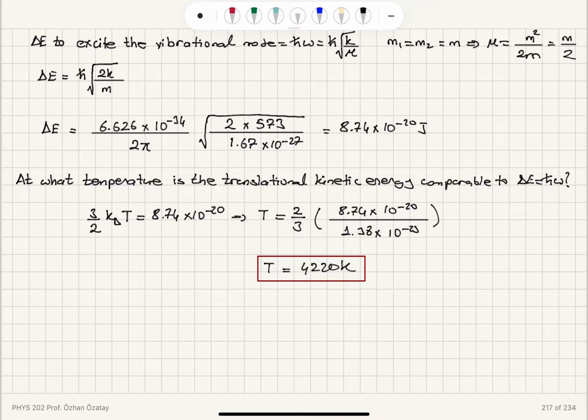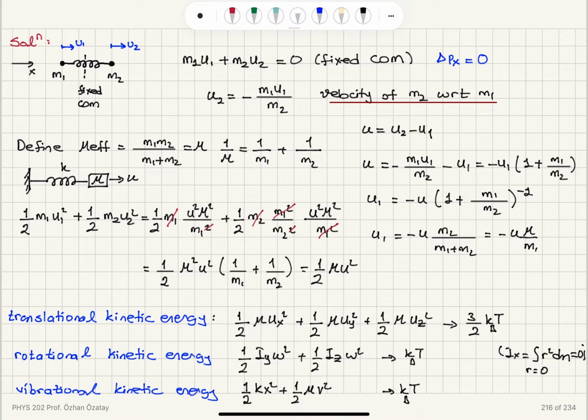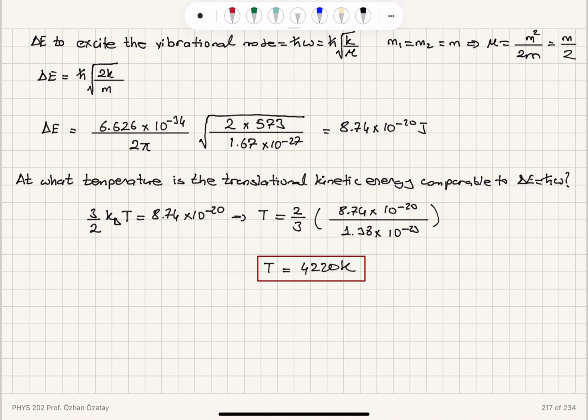All right. Therefore, we see that the excitation of the vibrational modes is completed only when I have a temperature even higher than 4220 Kelvin.